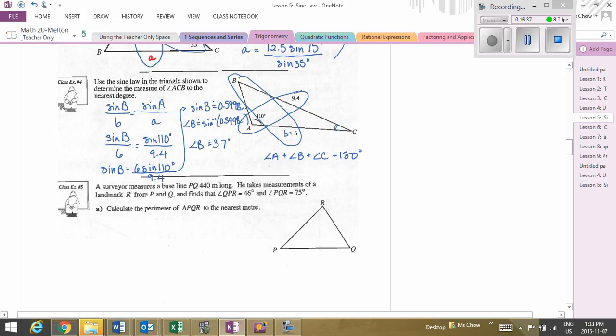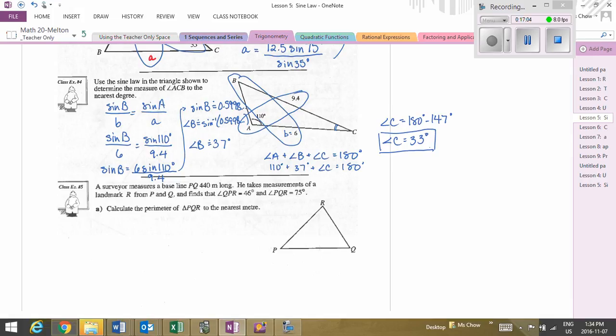So 110 degrees plus 37 degrees plus angle C has to equal 180 degrees. So angle C has to be 180 minus 147 degrees. So angle C then is 33 degrees. Awesome.